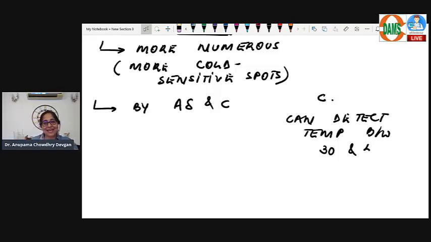Warm thermoreceptors can detect temperatures between 30 and 45 degrees Celsius.